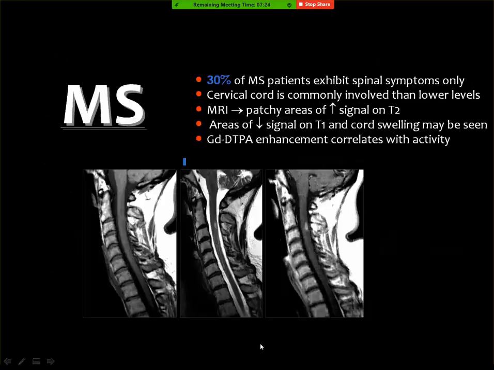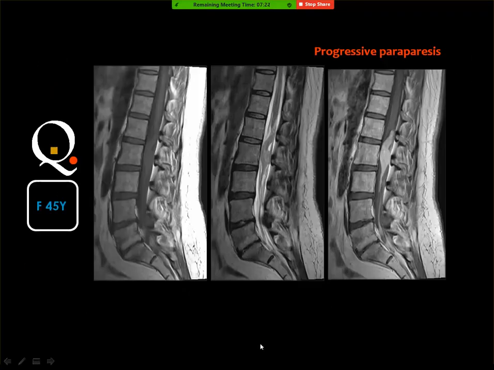Okay, thank you. Then, what do you think of this? This is an exophytic ependymoma. This is an intradural lesion.